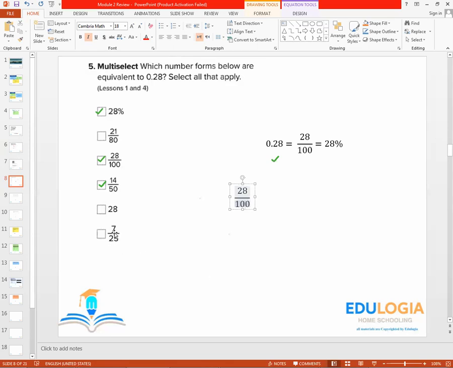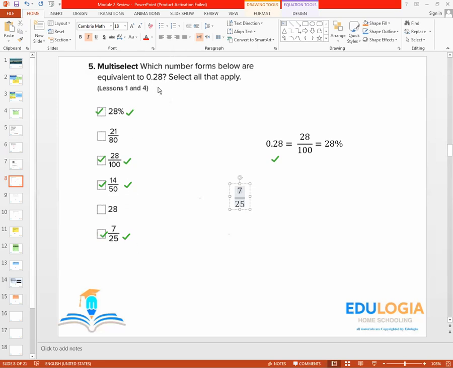Here, what about 7 over 25? I don't know. Let us try. To reach 25, dividing by 4 here, it's 25. Dividing by 4, it's 7. Yes, it is. Very good. So here we have four fractions.